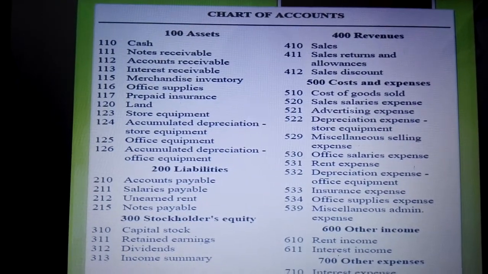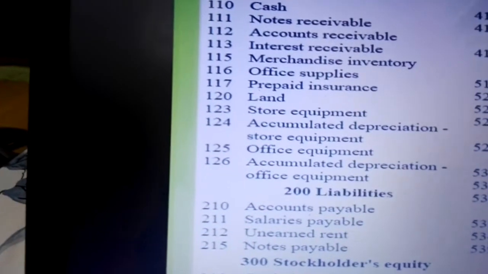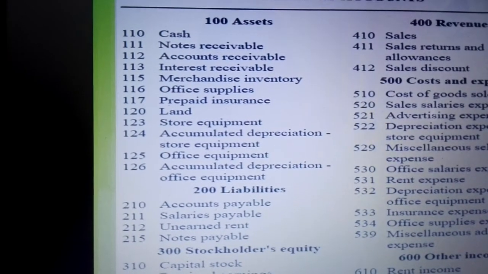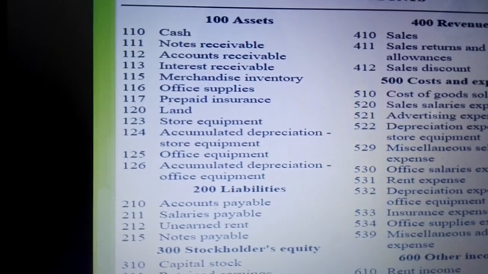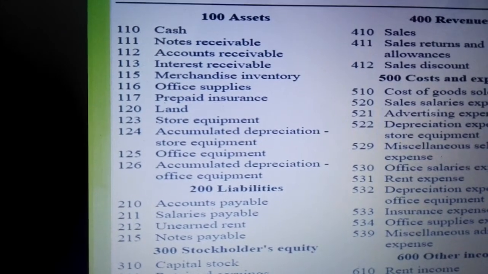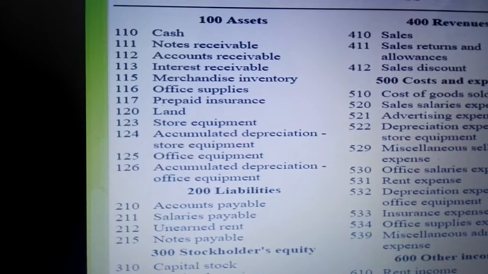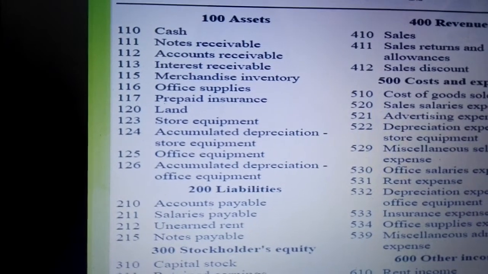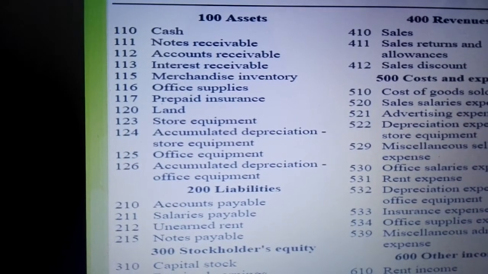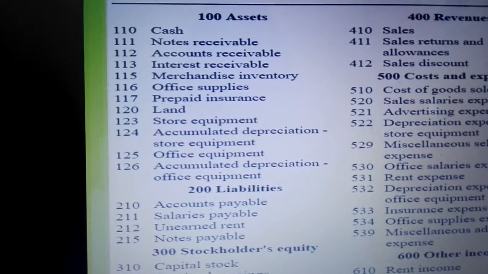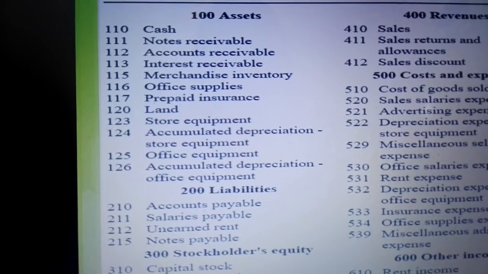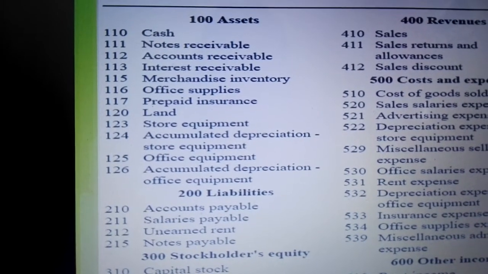So take a look at the asset column. Assets comprise cash, notes receivable, account receivable, interest receivable, merchandise inventory, office supplies, prepaid insurance. We also have prepaid rent, land, store equipment, accumulated depreciation, store equipment, office equipment, accumulated depreciation, office equipment.